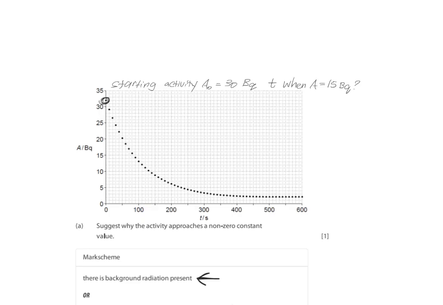So we're not going to find 15 and see where the intercept is. It looks like the intercept for 15 on the curve is right around here, which would place me at around 80 seconds. But it's not 80 seconds. We have to shift the curve downwards by about 2 becquerels.